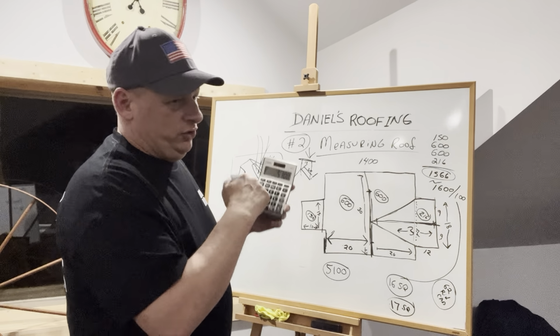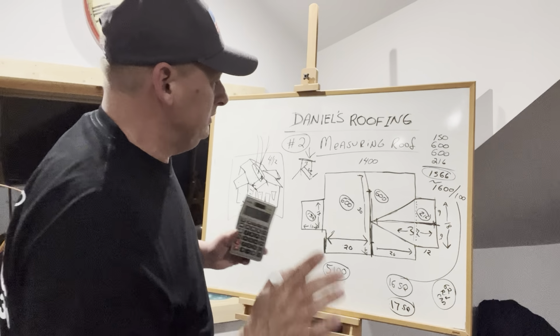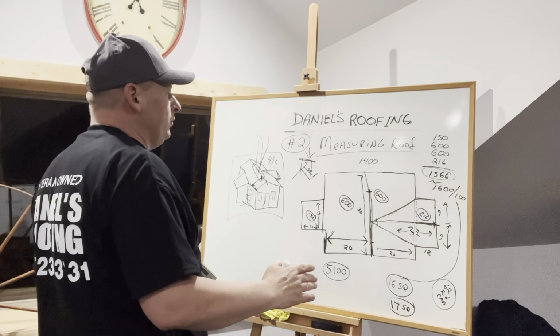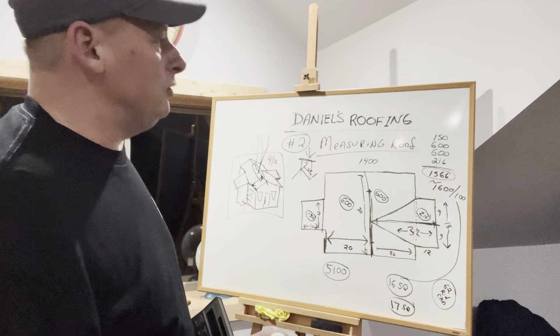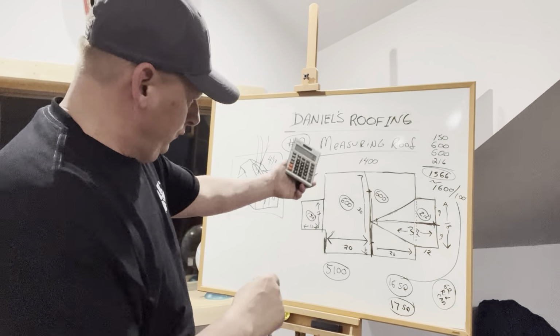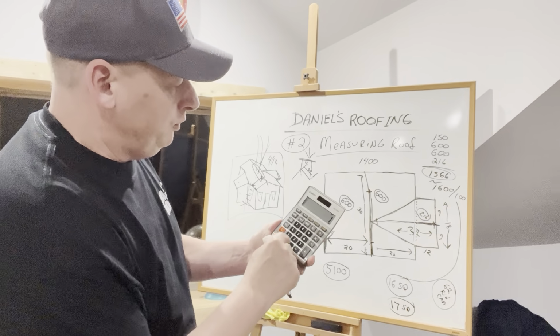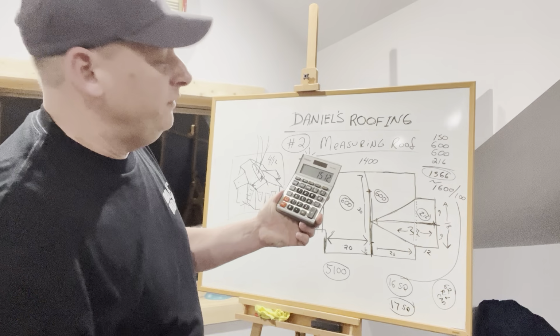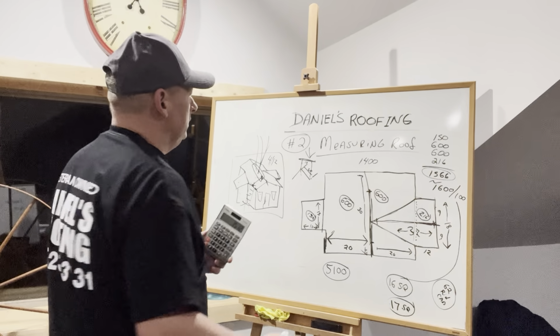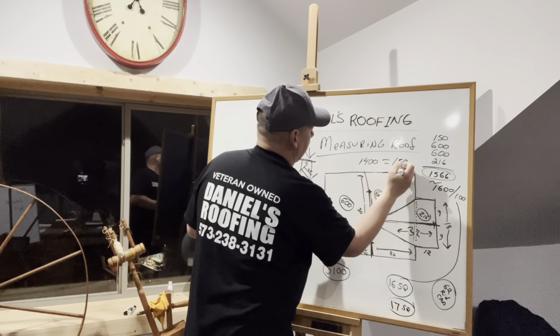So when you look up your pitch multiplier on Google, it will tell you that for a 4/12 roof, the pitch multiplier is 1.08. So if it's 1,400 square feet times 1.08, that's 1,512. Okay, 1,512.